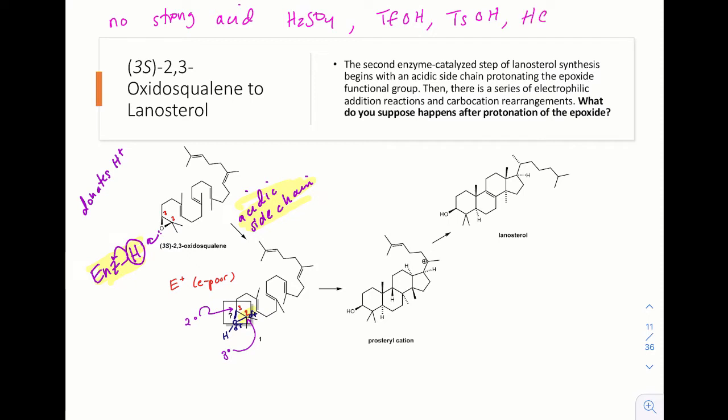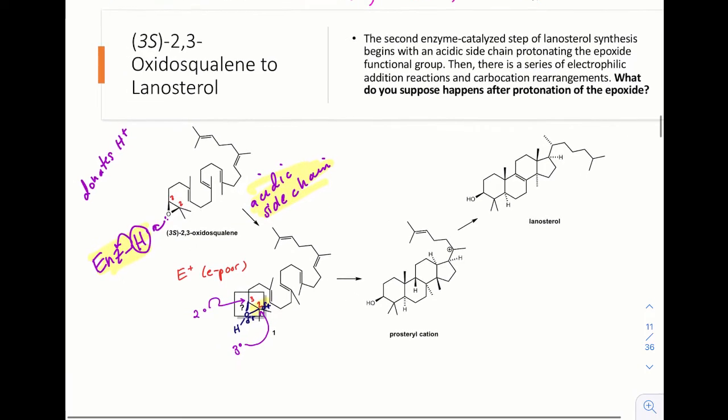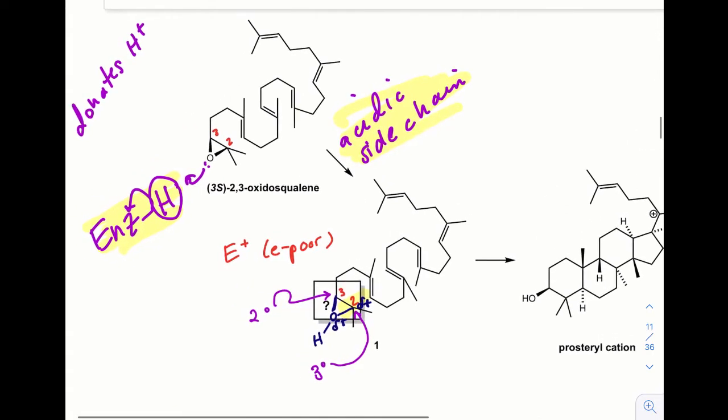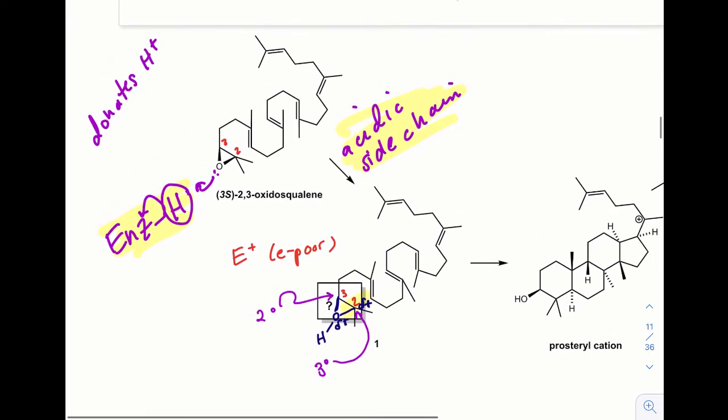There's no HCl in the enzyme. The enzyme is using one of the acidic functional groups on one of the amino acids in that enzyme, positioned perfectly near the epoxide to protonate it. It's a marvelous, beautiful, amazing thing that we can all appreciate. This is happening with actually a weak acid and not a strong acid by the power of the enzyme.